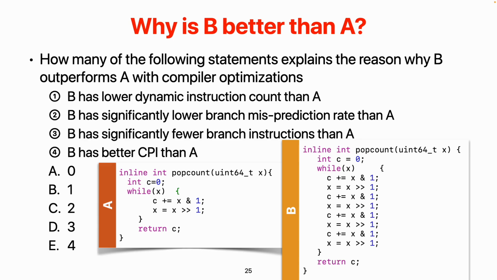But here, you only do one branch every 8, and this 8 is equivalent to 4 iterations here. So every iteration here needs a branch instruction, but here, because we combine 4 iterations into just one loop iteration, we only need one branch every 4 iterations. So the amount of branches is significantly reduced.